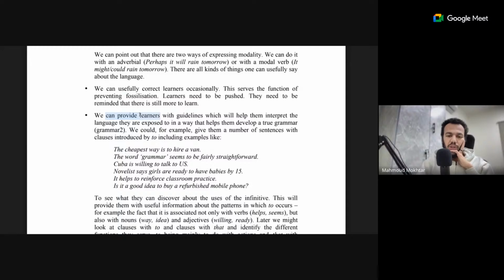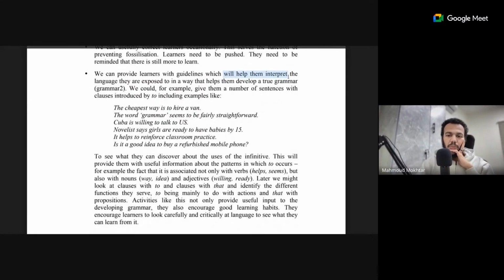We can provide learners with guidelines which will help them interpret the language they are exposed to in a way that helps them develop a true grammar too. We could, for example, give them a number of sentences with clauses introduced by "to", including examples like: the cheapest way is to hire a van.